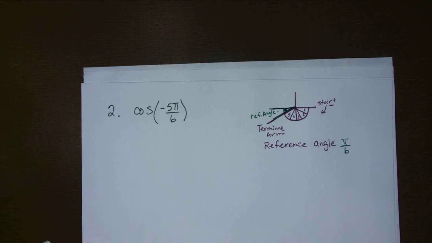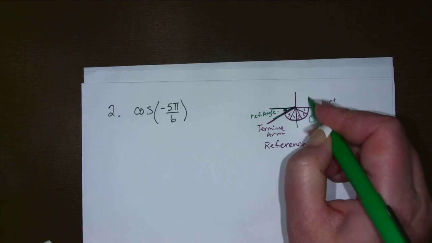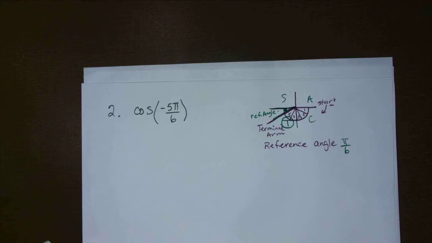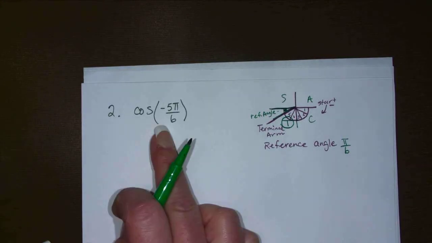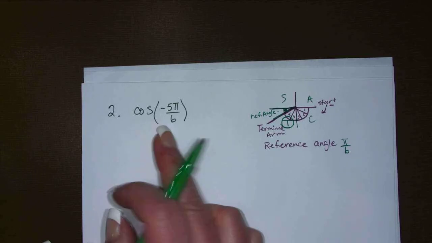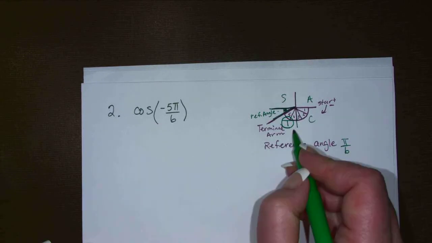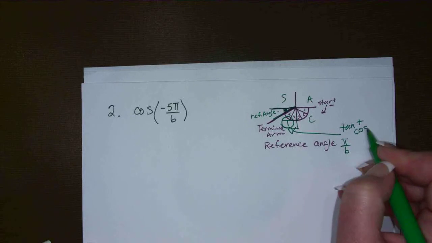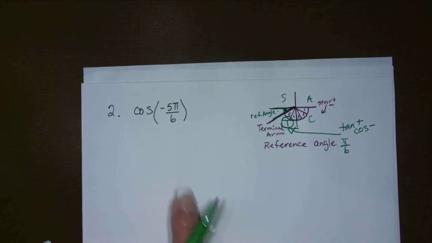CAST rule, write that right on to this, C-A-S-T. What quadrant do we land in? T. So that means tan is positive. Are we looking for tan? No. So cos, this means that tan is positive, so that means cos is negative and sine is negative. And we're looking for cos.